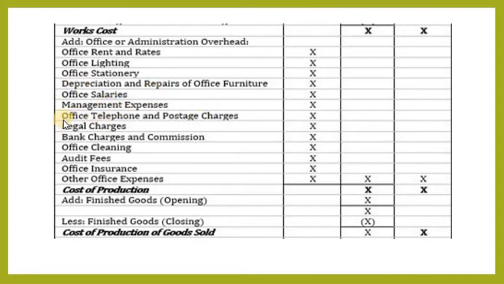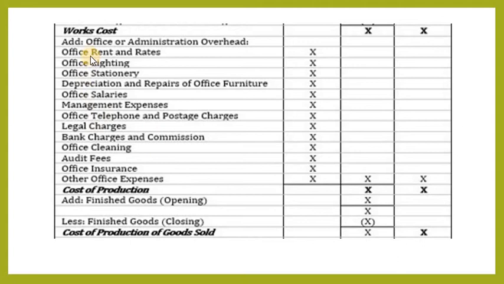Then office salaries, the management expenses, then office telephone and postage charges, then legal charges, then bank charges and commission, then office cleaning, then audit fees, then office insurance, then other office expenses. These are all expenses that come under the office or administrative overheads. That means all these expenditures are included in our office and administrative department.